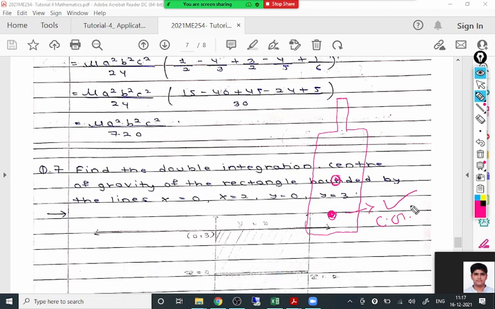Why is the centroid not exactly at the center? The reason is the density. The density of that solid may not be the same throughout, or you may observe that extra weight is given at that place so that the density is more on that side, and the CG is shifted to the bottom.